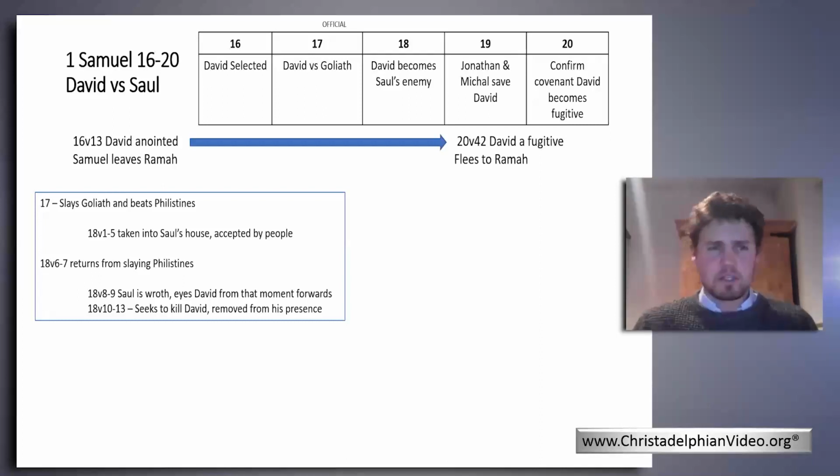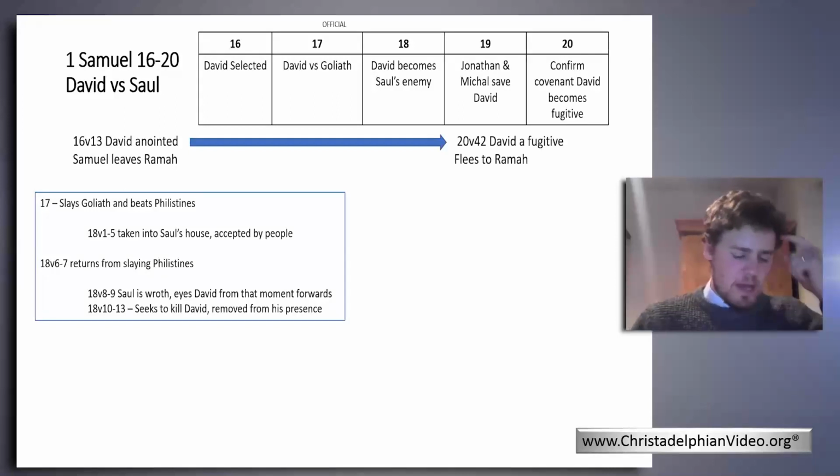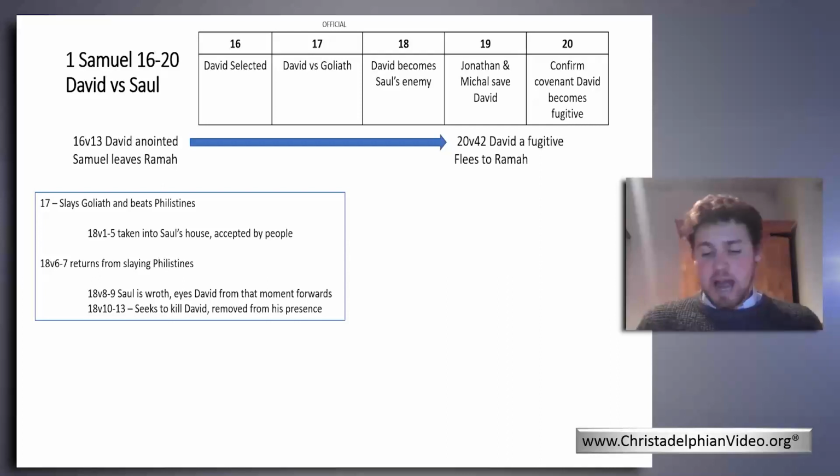But we just want to focus on one little aspect of it, which is when we move into chapter 17, Goliath and David's defeat of Goliath, and then his subsequent attacks and wars against the Philistines, which are really brought together in the same passage at the beginning of chapter 18.